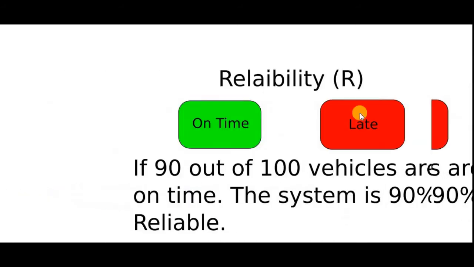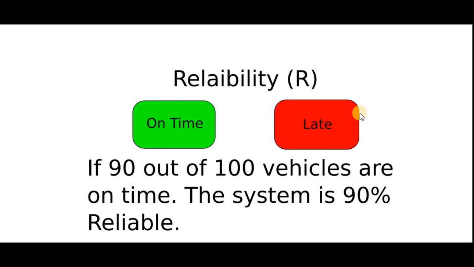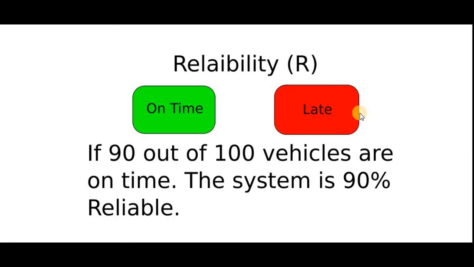Now, you might have already seen this a little bit, but reliability is how reliable my system is. When I say that there is a bus or a metro train coming here every 10 minutes, it's not necessarily so. There are certain delays in the system. So reliability is a determination of how accurate or how on time your whole system is running. So let's say out of 100 vehicles, 90 are on time.